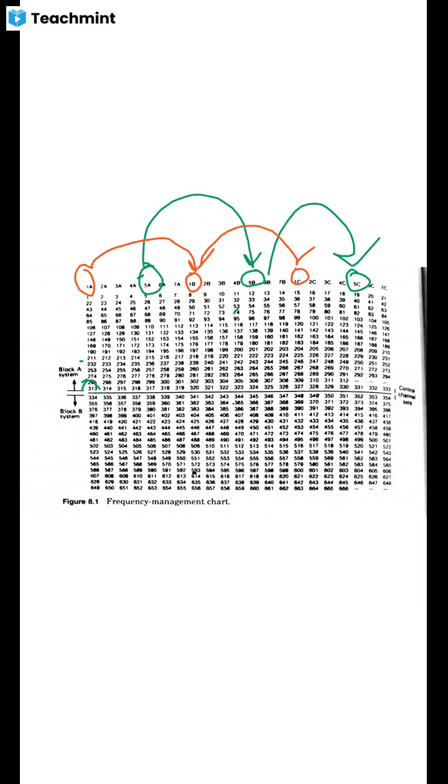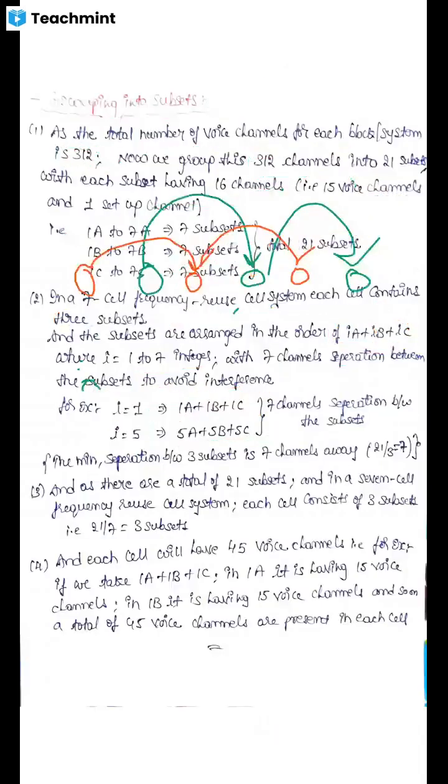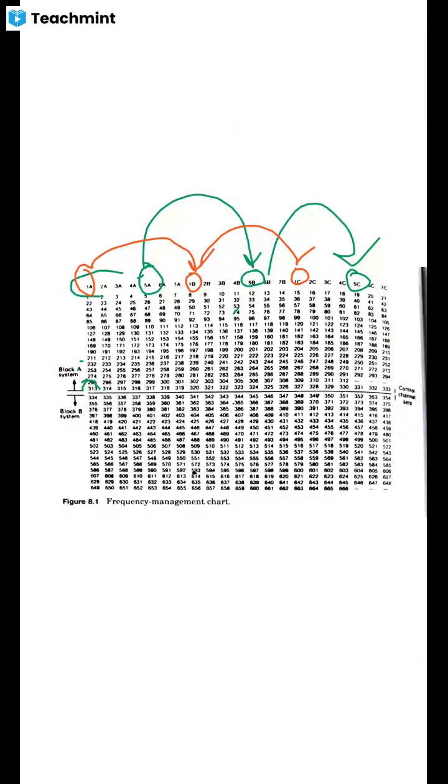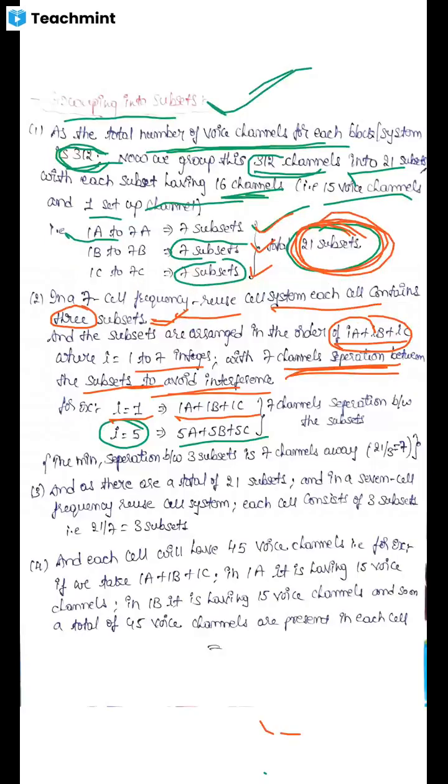So there is a 7 cell separation between the subsets. Why am I doing this? To avoid adjacent interference, neighboring interference, which we already learned. So to avoid interference, we go for a frequency reuse pattern in 7 cells, so that the arrangement is done in the order of IA plus IB plus IC.